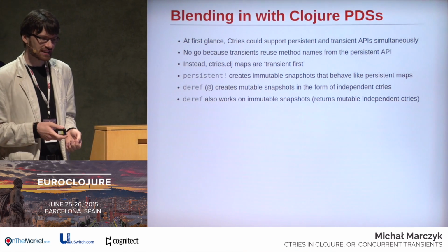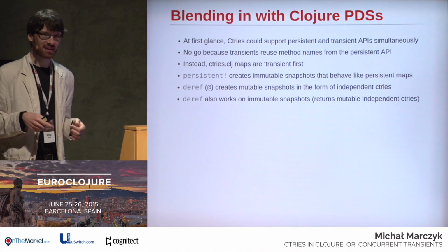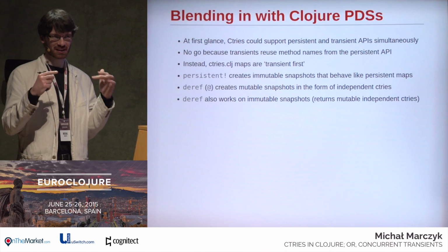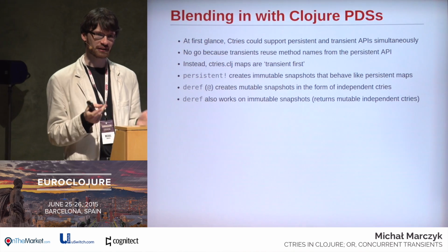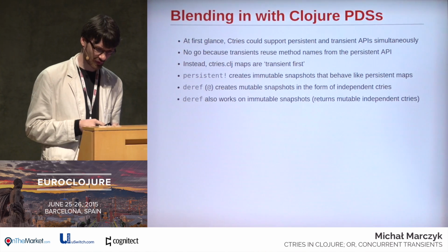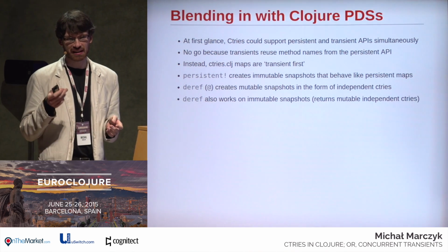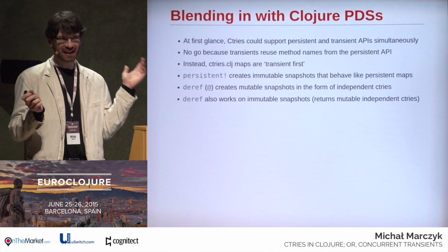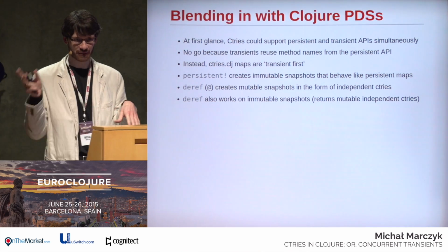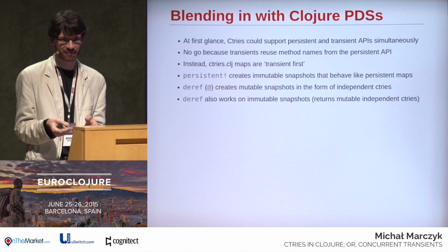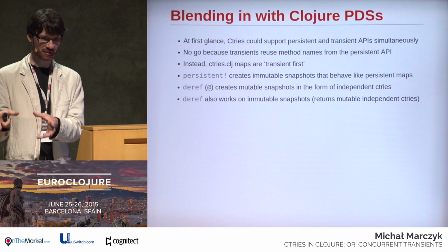Instead, ctries.clj maps are transient first. So there's a factory function called concurrent map in the ctries.clj namespace. If you create one, what you get is a transient-like object with some extra guarantees. Namely, if you assoc! or dissoc! something onto or out of that map, what you'll get back is the very same map, and the original map will be modified in place.